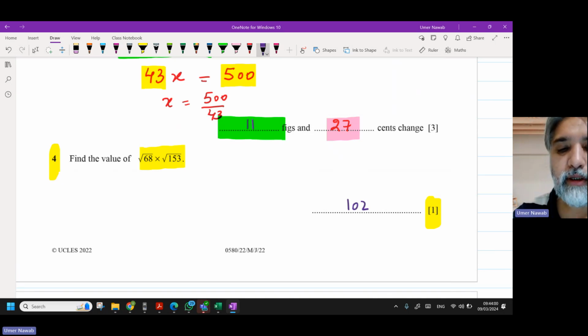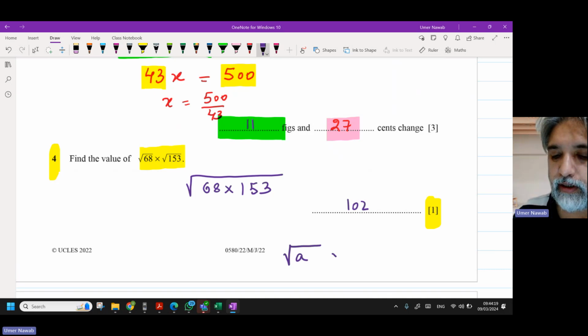If a student wants the steps involved in this calculation, you can write a single square root, and both of them should be written within that. So 68 and 153. Because in algebra we know that square root of a times square root of b can be written as square root of a times b.